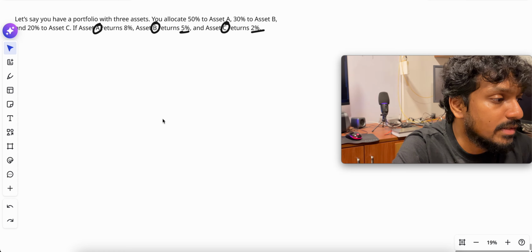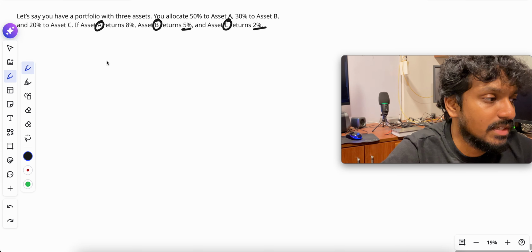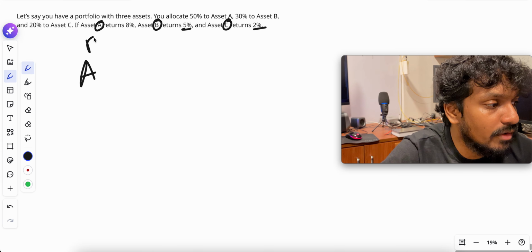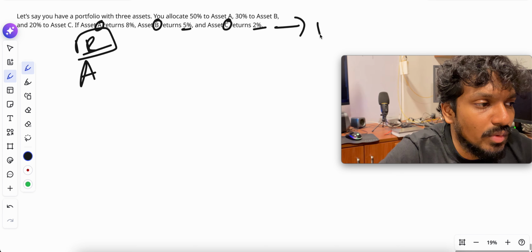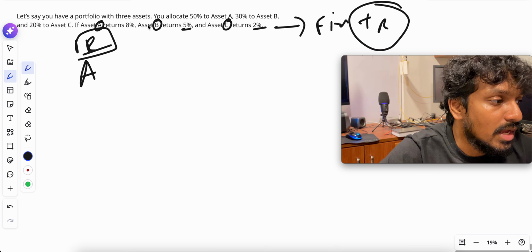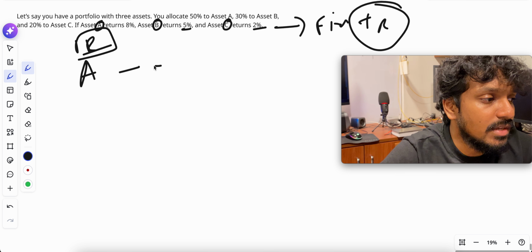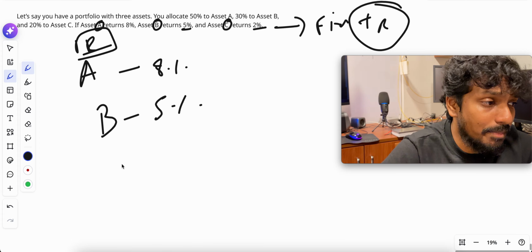Now, we have already seen how much percentage we allocated. Here we are going to find out the total returns. That's the question. Finally, you need to find the total return, how much return we got in total. In asset A, we got 8%. In asset B, we got 5%.